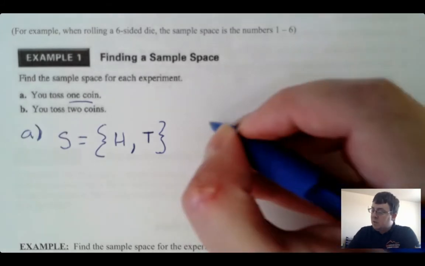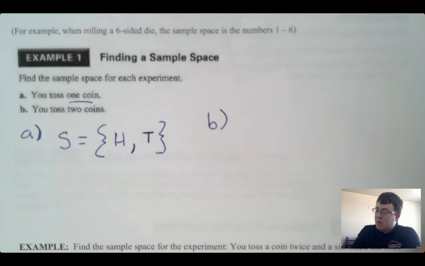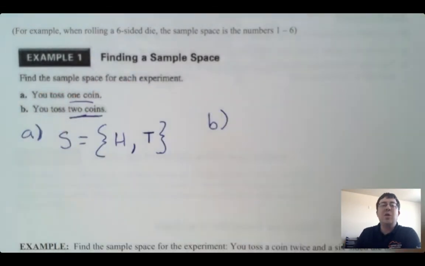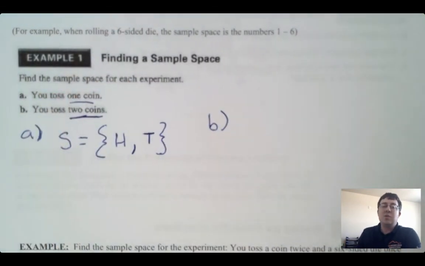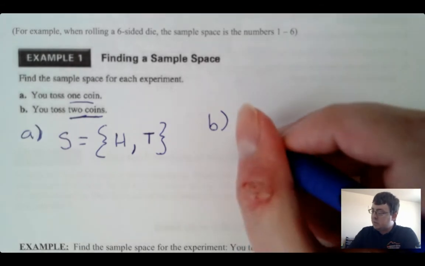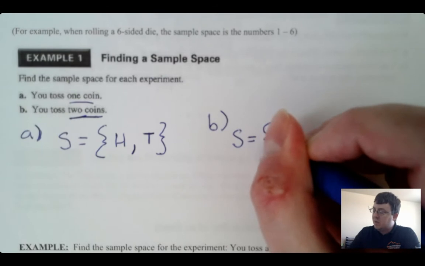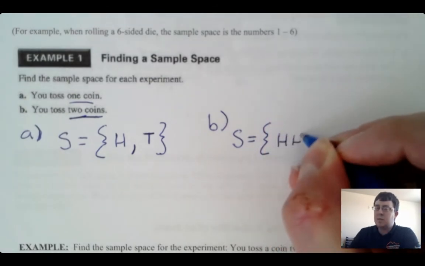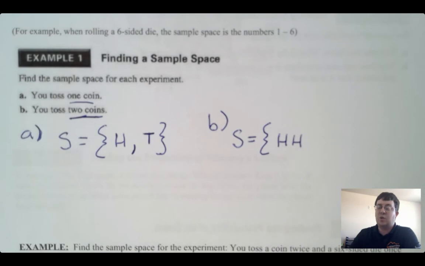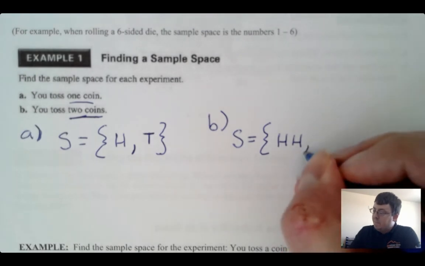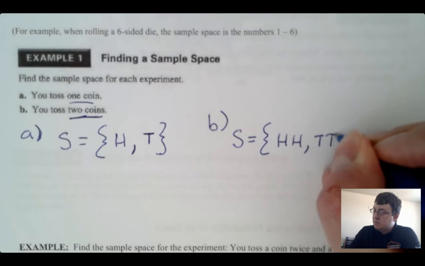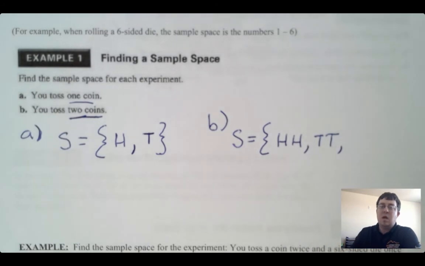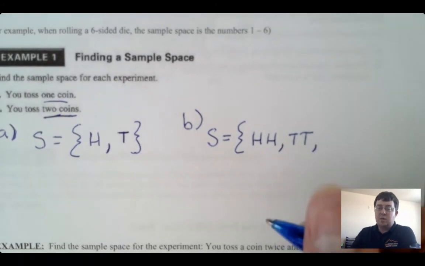Great. For B, I want to toss 2 coins. It's going to be a little more tricky now. The first coin could be heads or tails. The second coin could be heads or tails. So let's write down all the different possibilities. Both coins could be heads, so let's get HH, 2 heads on the coins. Both coins could be tails. Here's where it gets a little confusing.